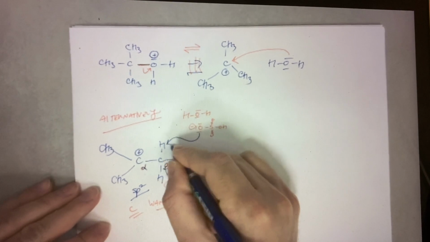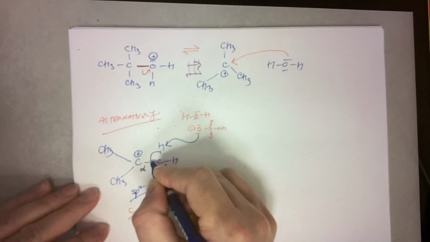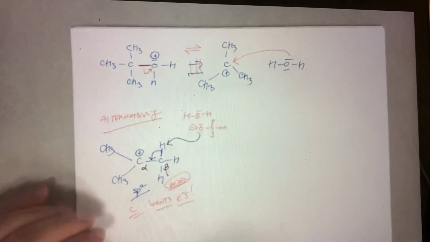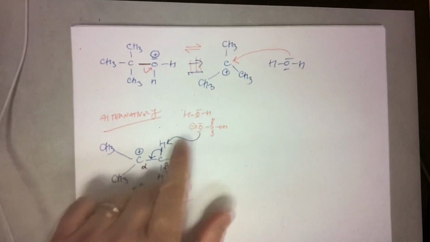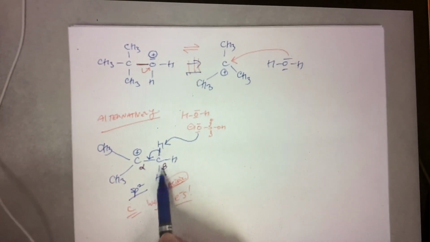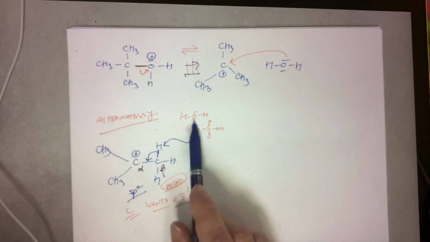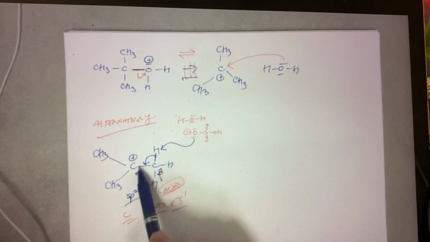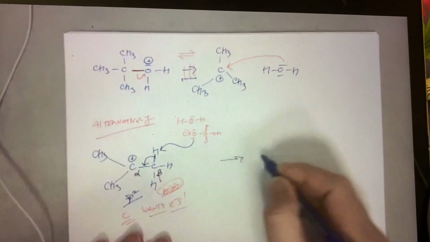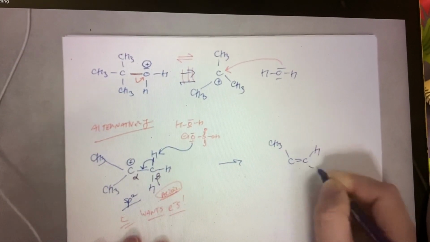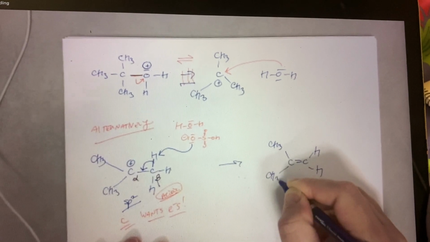And the mechanism has similarity to SN1, and now is the similarity to E2, where the beta position's protons are acidic. We can pull one off with a base. Either one of these molecules will work. And the electrons fall between carbon and carbon, and we end up making an alkene from this process.